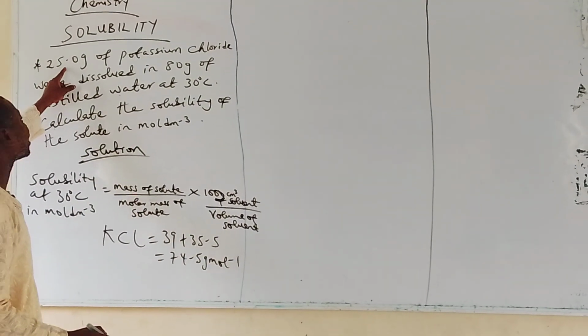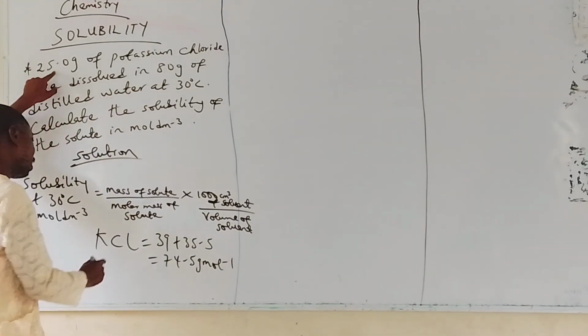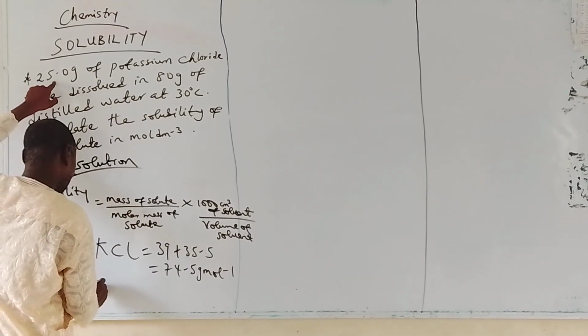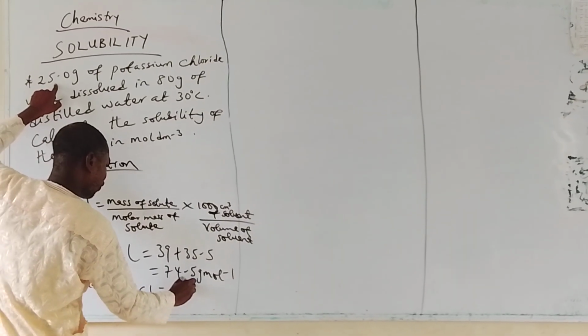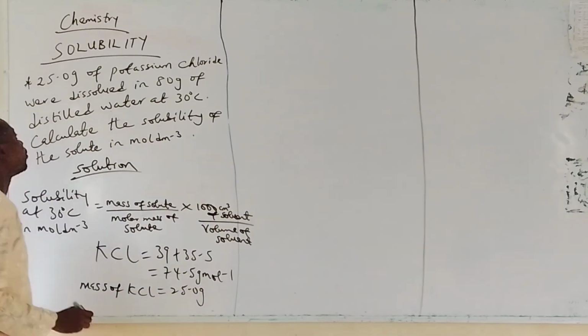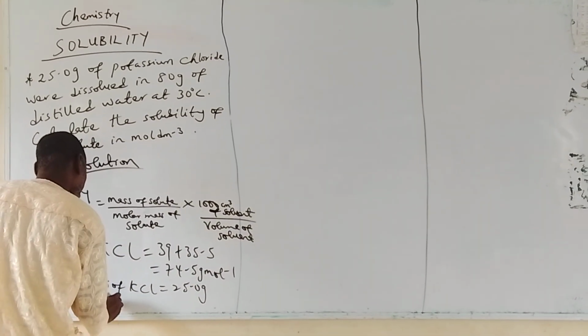That is the molar mass of KCl. Now from the context, 25.0 grams of potassium chloride is the mass of the salt. So mass of KCl is equal to 25.0 grams. Then the volume of solvent is unknown.